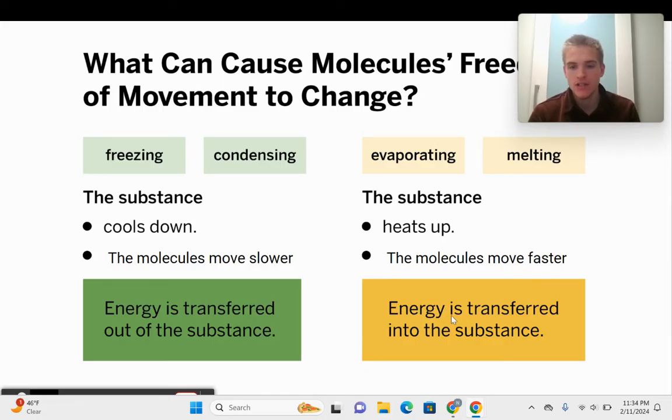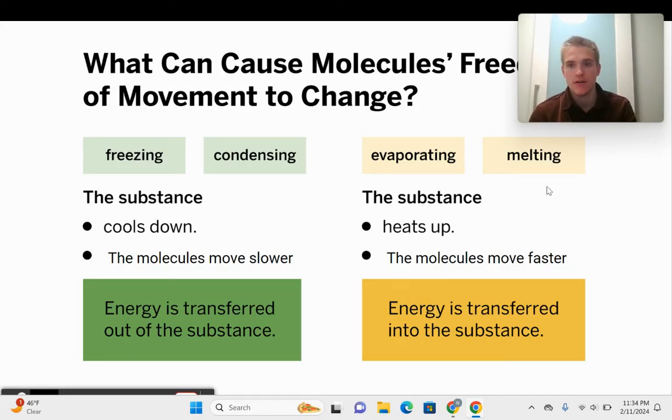But when energy is transferred into this substance, the substance will heat up and the molecules will move faster. This could be through evaporating, when a liquid turns into a gas, or through melting, when a solid turns into a liquid.